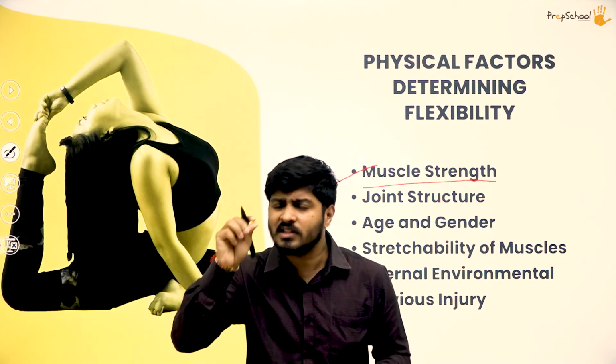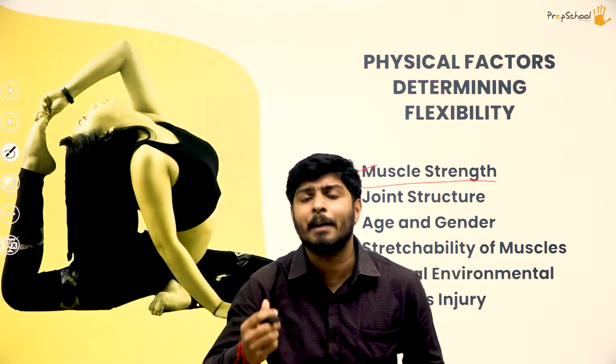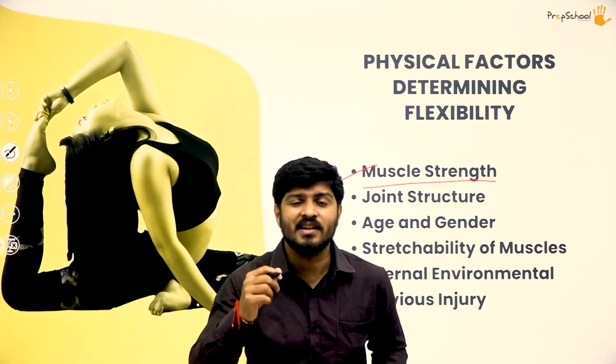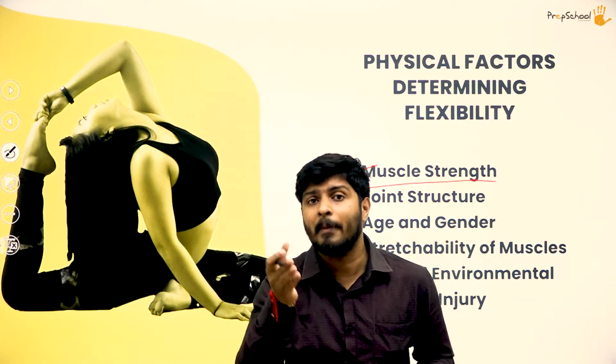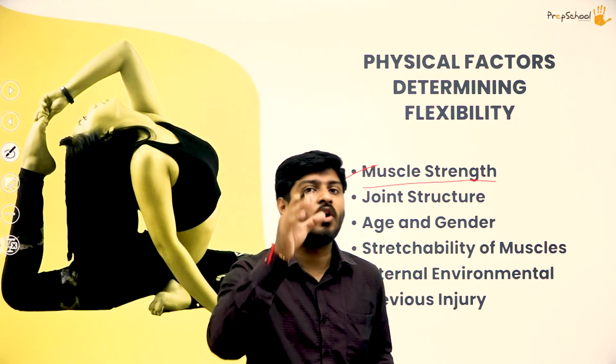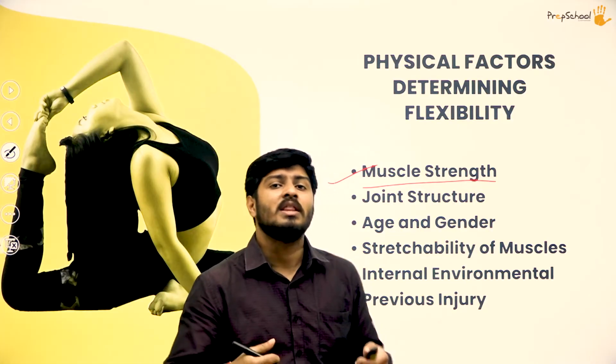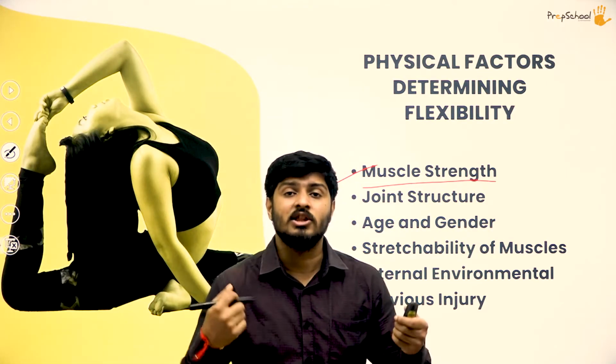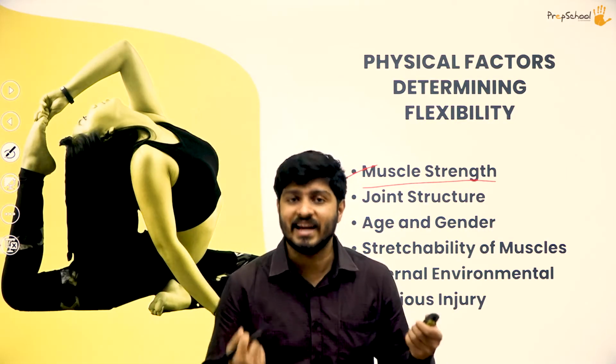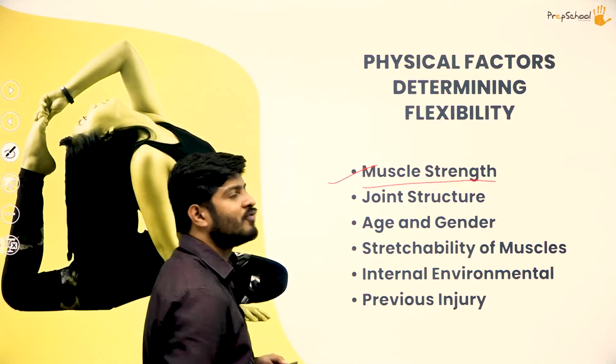But if the rubber band is thicker, you can extend it longer. Just like that, compare the rubber band's thickness with the mass or composition of your muscle. The stronger your muscle is, the more you can flex and extend. So that's one factor of flexibility.